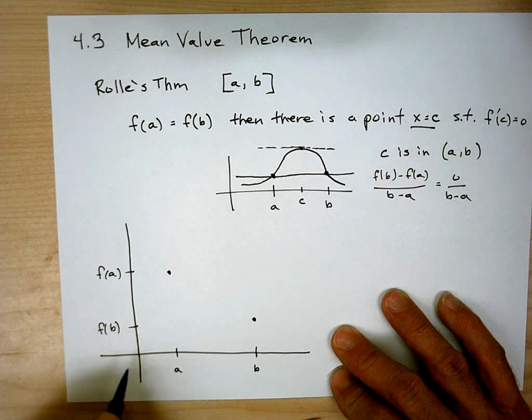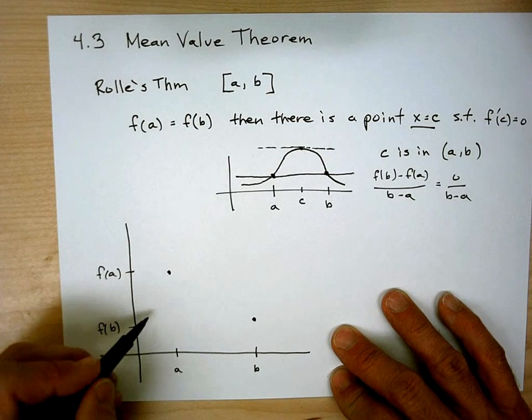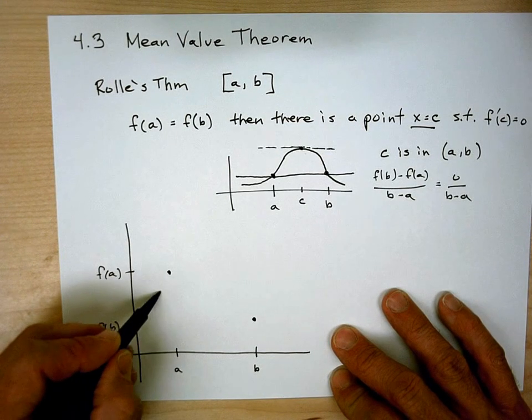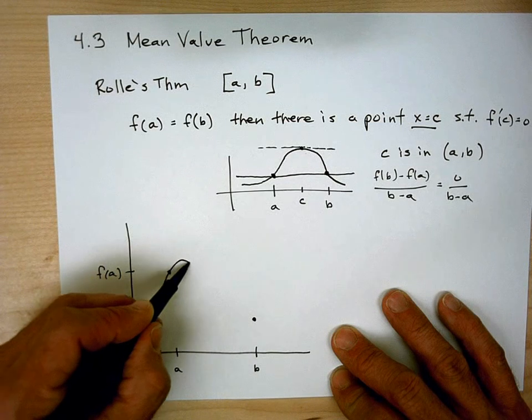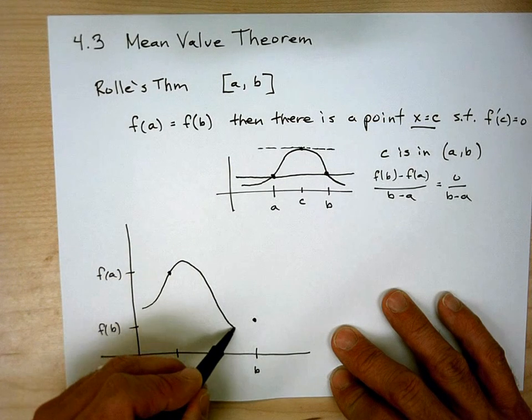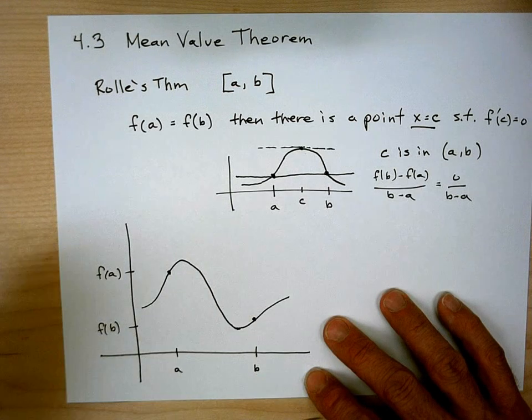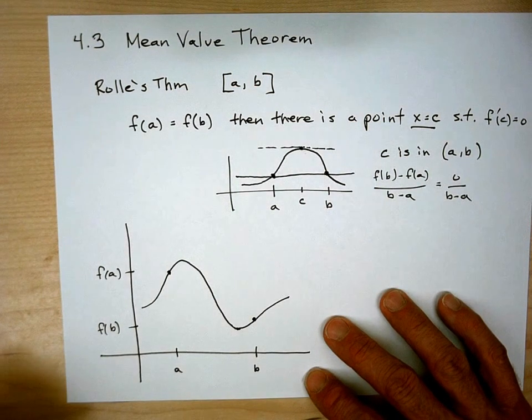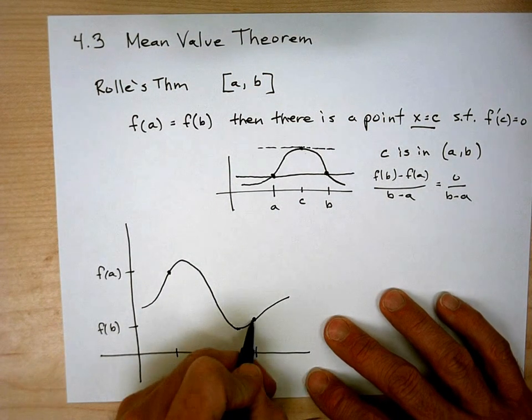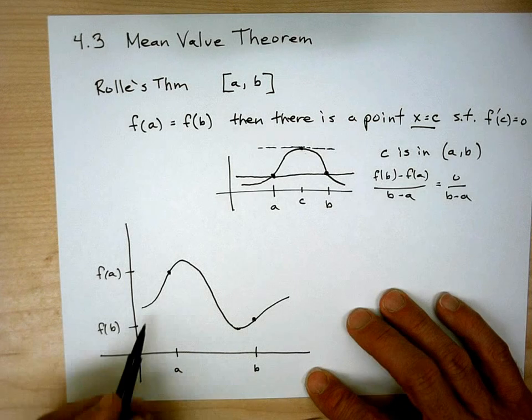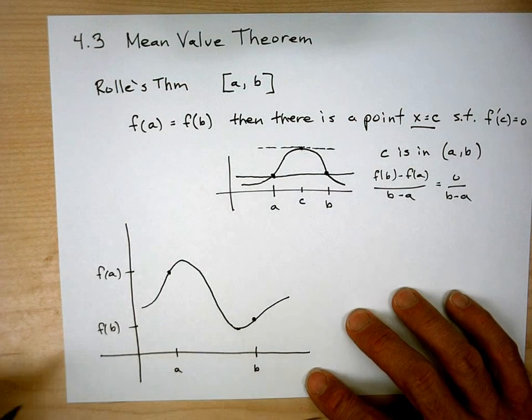We connect these with a smooth curve. For example, I could come up here like this, come back down here, and then come back up and go through B. This is just a random example. The point is we're connecting A and B with a smooth curve, meaning it's differentiable everywhere.